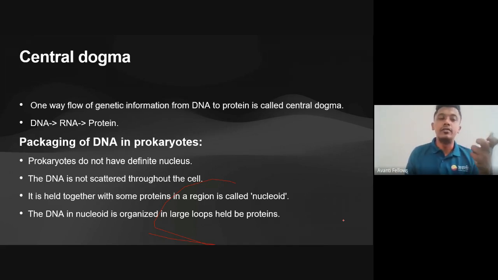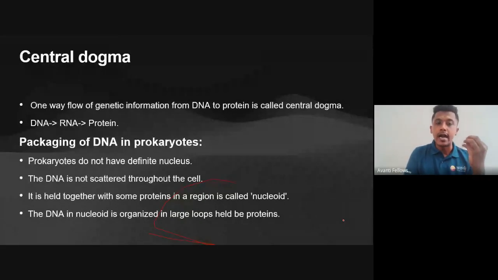Now, the reason why we have been studying our DNA is because we were very curious to know what is that one particular thing that holds the characters, or that is responsible for the expression of the characteristics in our living organisms.